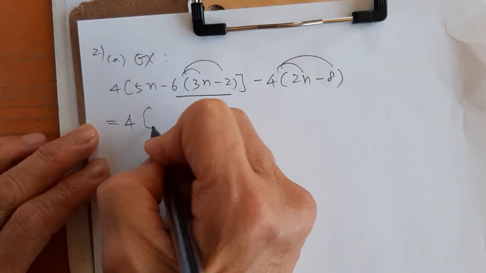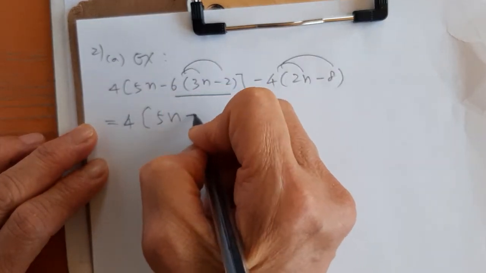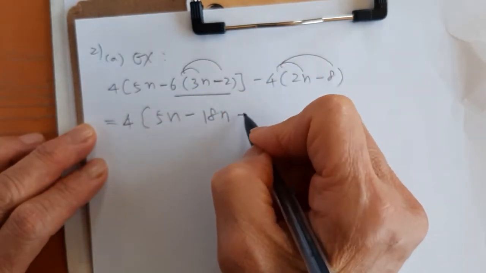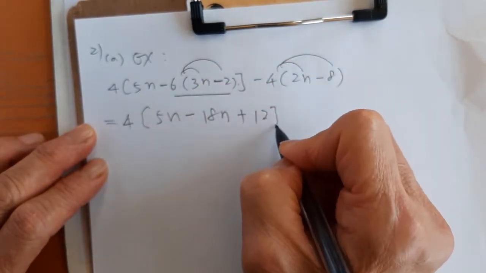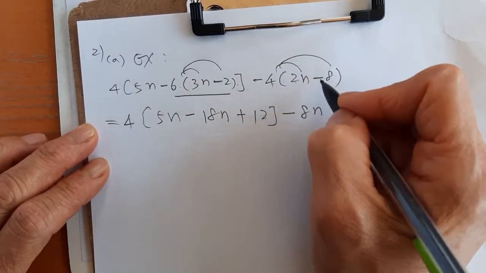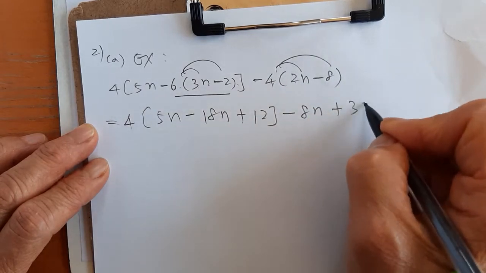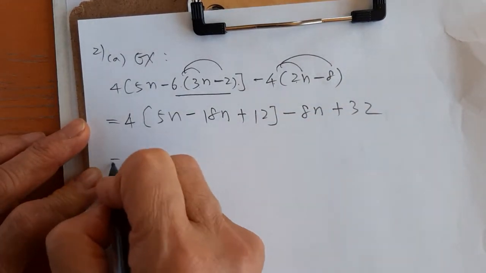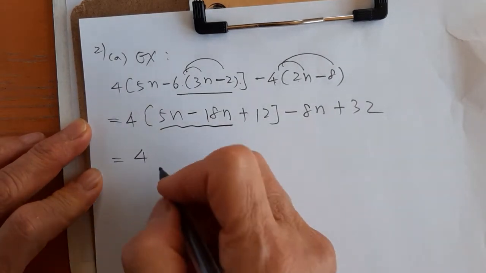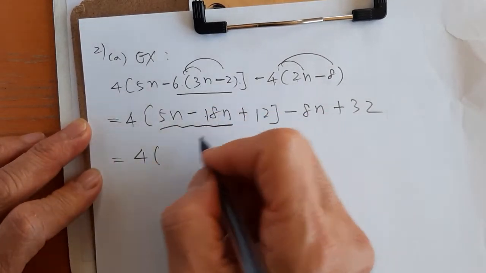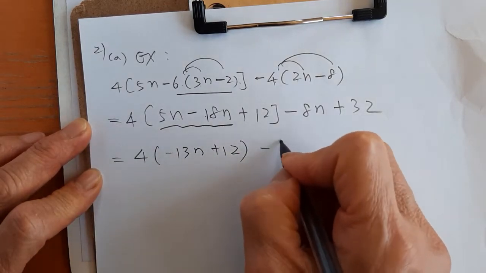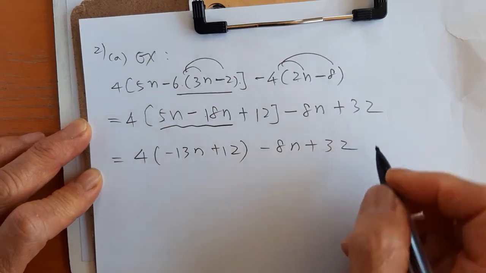So it's 4(5n minus 6 times 3n is 18n, negative times negative is positive, 6 times 2 is 12, minus 4 times 2n is 8n, negative times negative is positive, 4 times 8, 32. Then combine like term in the bracket. So it's 5n minus 18n is negative 13n plus 12, and minus 8n plus 32.